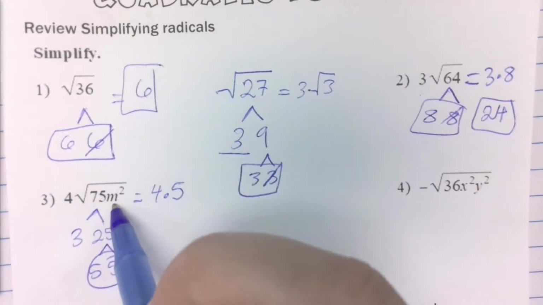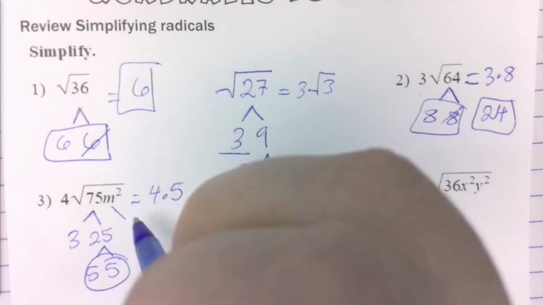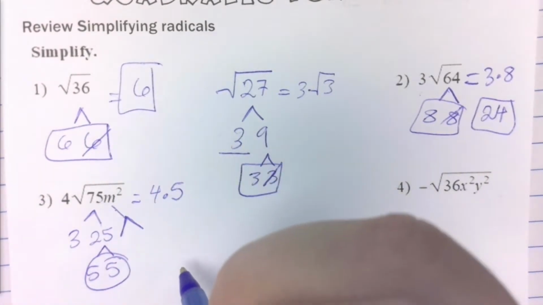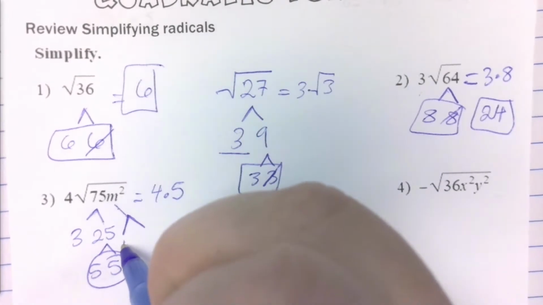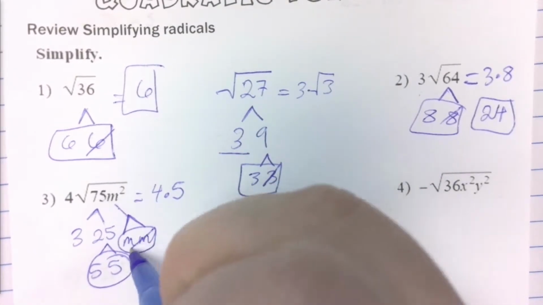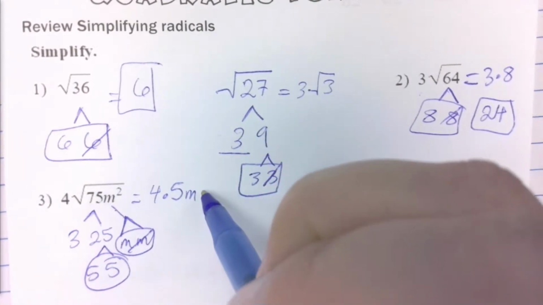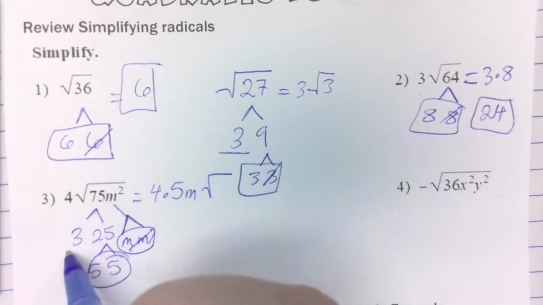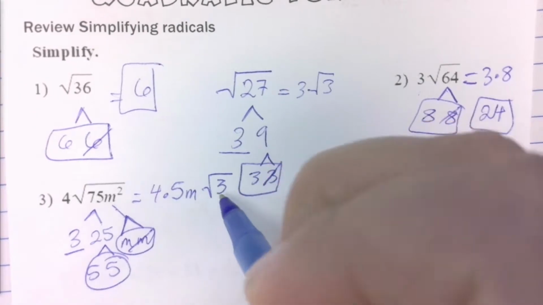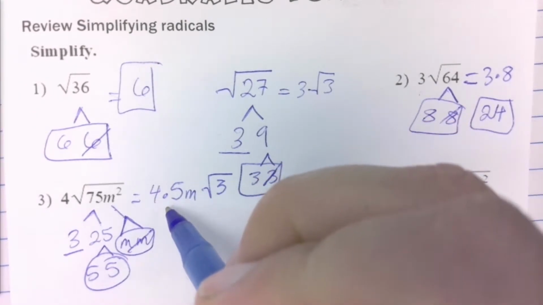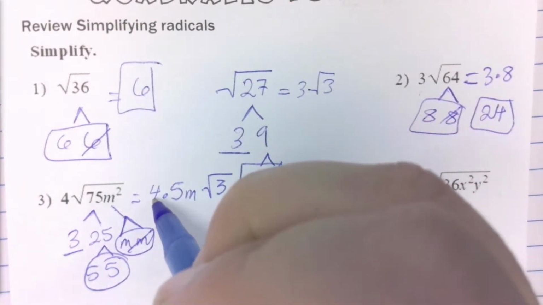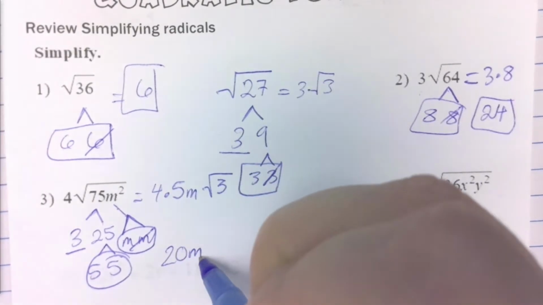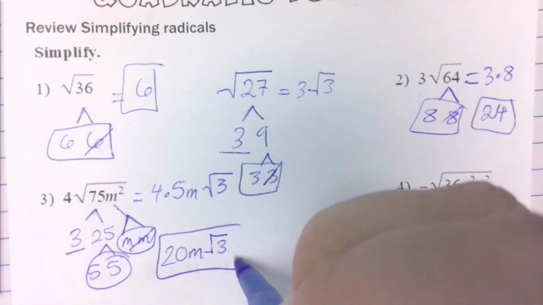Now this m squared, how many times do I need to write m squared? M to get m squared. So I have 2 m's. What's the only thing that hasn't been used? The 3. So it's stuck on the inside. What's 4 times 5? 20m square root 3. That's your answer.